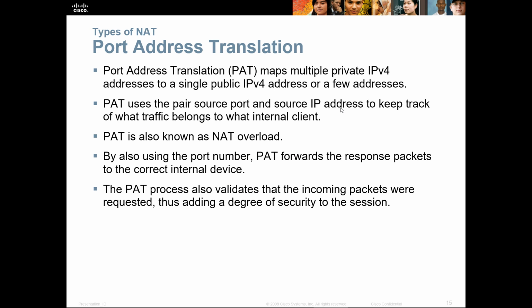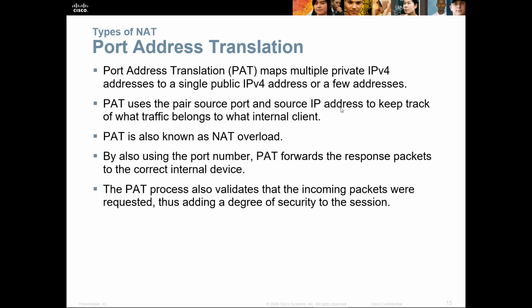So let's talk about port address translation, or PAT. PAT will map multiple private IPv4 addresses to a single public address, or fewer addresses. You can't really have fewer than a single public address, so that's kind of weird. But PAT uses a pair of source port and source IP address to keep track of what traffic belongs to what internal client.